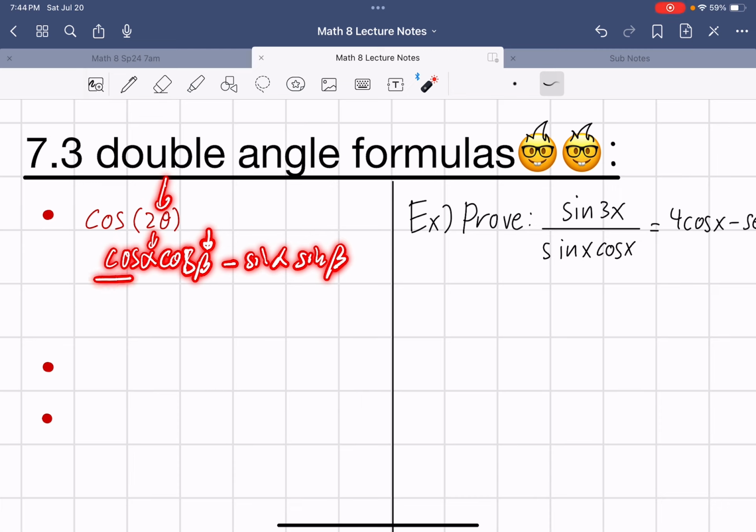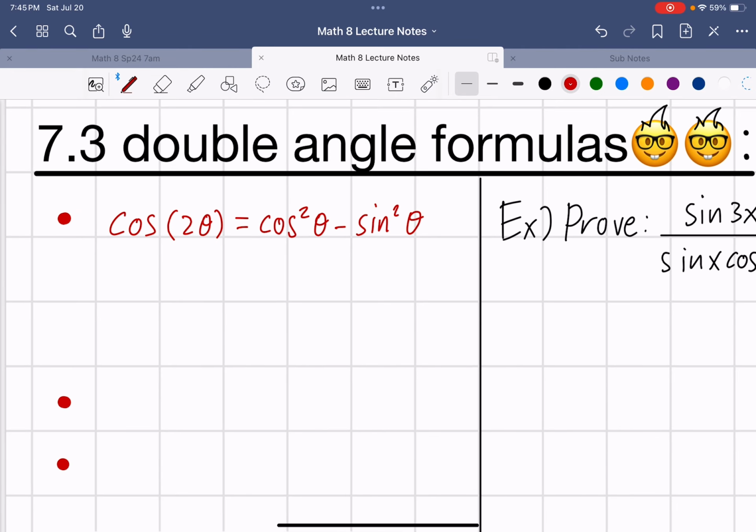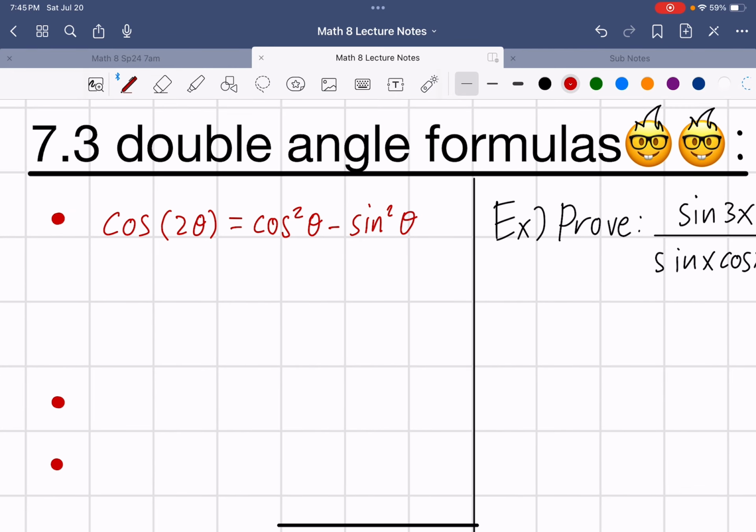So if two functions are multiplying to have the exact same argument, that's just going to become cosine squared theta minus sine squared theta.